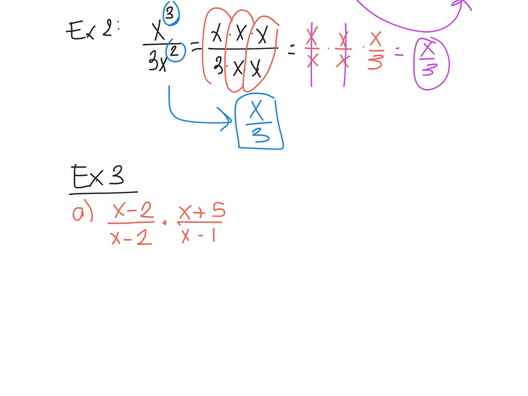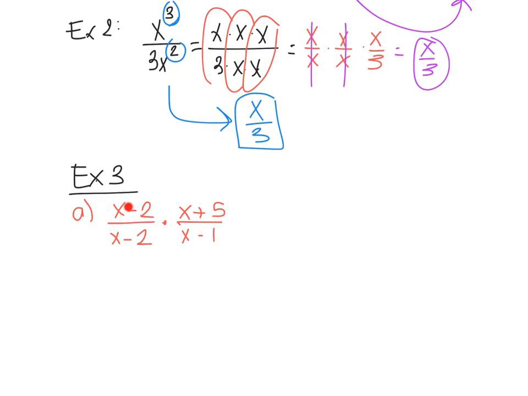I always see people canceling out these x's, and we just can't do that. Because think about what's happening in these fractions. Before you're dividing, what am I doing to x right here? Before I take this numerator and divide it by this denominator, the first thing I'm doing is subtracting 2.